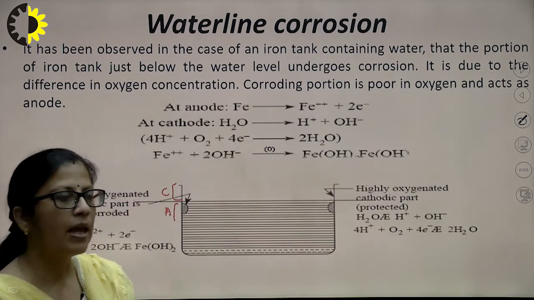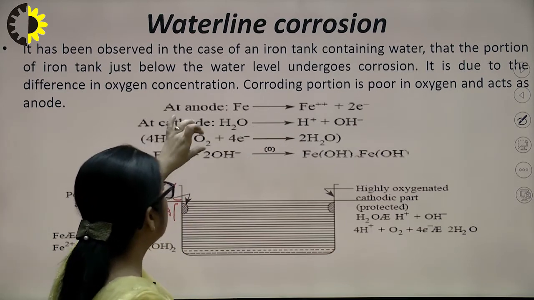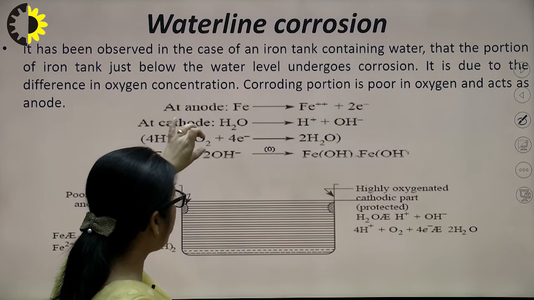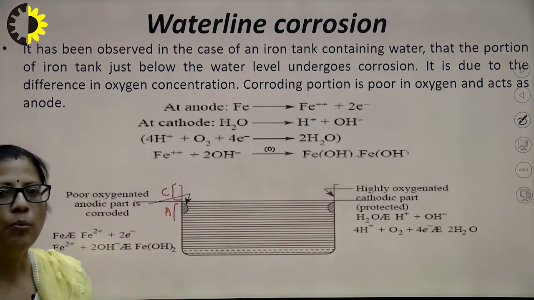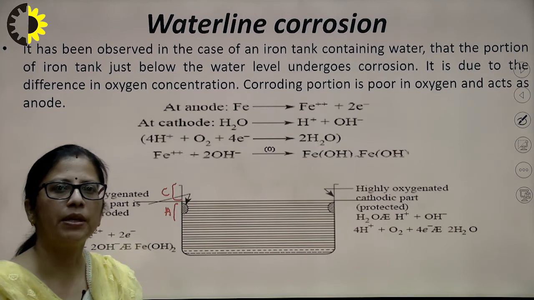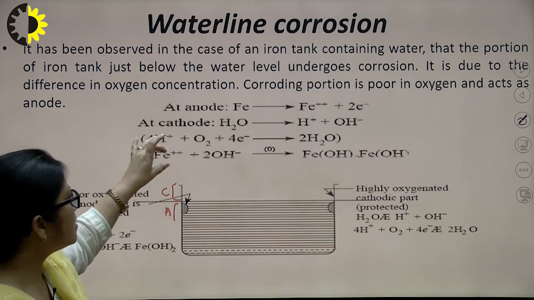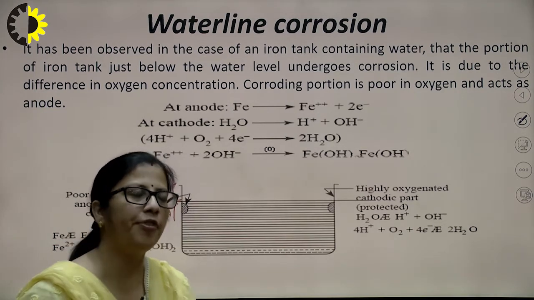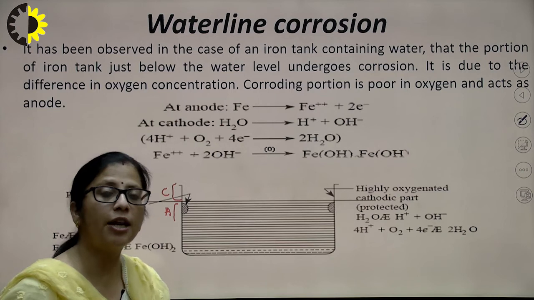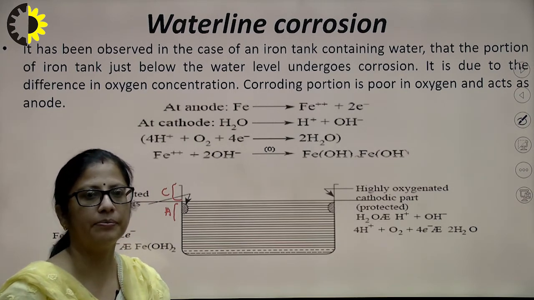This H+, by taking the atmospheric oxygen and accepting the electrons released by iron, will convert into water. And finally, the ferrous ions accept the hydroxide ions to get converted into ferrous hydroxide and ultimately into ferric hydroxide.